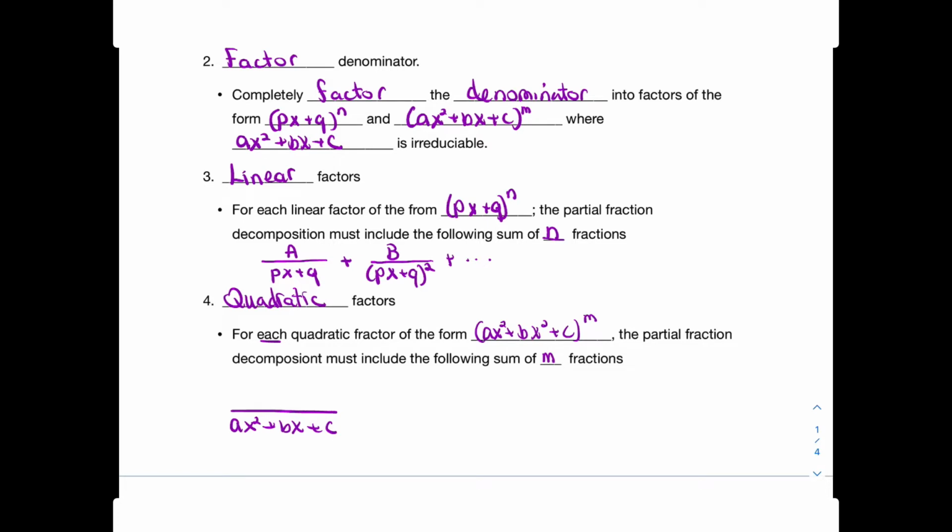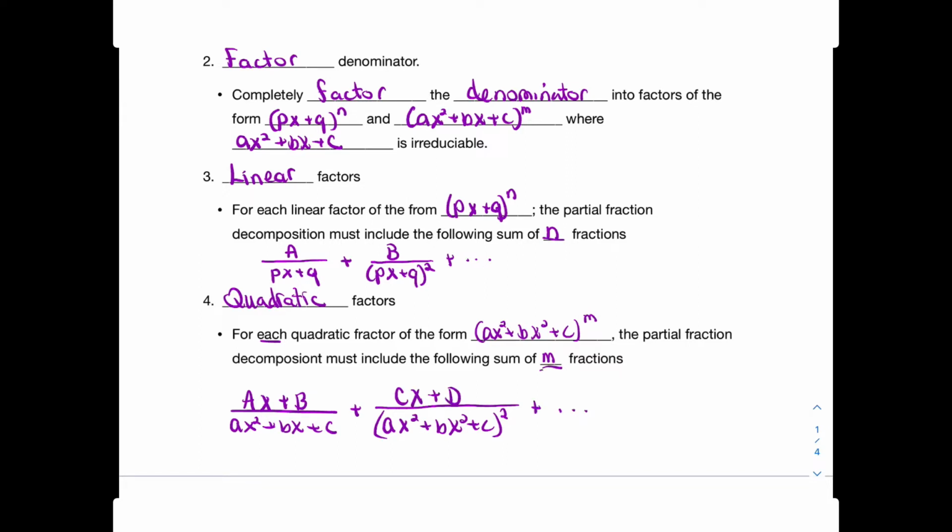So I will not just write a constant A. Instead, my numerator is going to be Ax plus B, because I always decrease the power by 1 when working with these partial fractions. So my next quadratic factor is going to have the linear term Cx plus D.